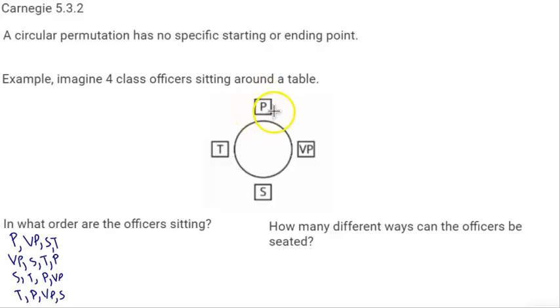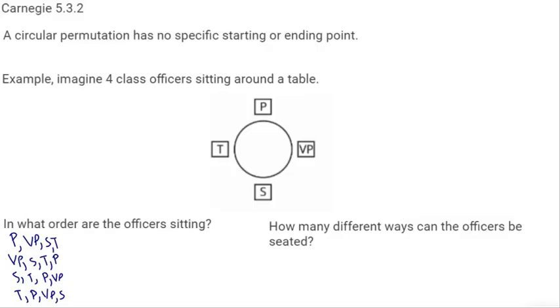So if I start at the top of the table, president, vice president, secretary, and treasurer is my seating order. But if I were to instead count this as my starting point, vice president, secretary, treasurer, and president would be my order. However, both of those instances are technically the same seating arrangement because the people are sitting in the same physical chairs regardless of where I start counting on the table.